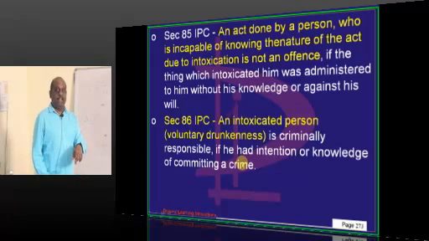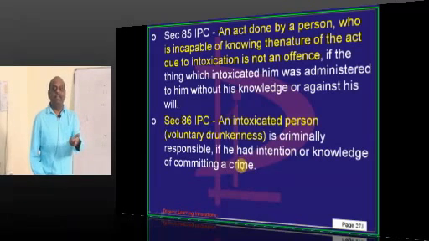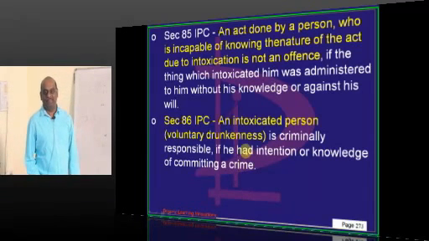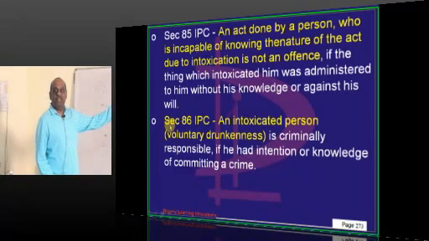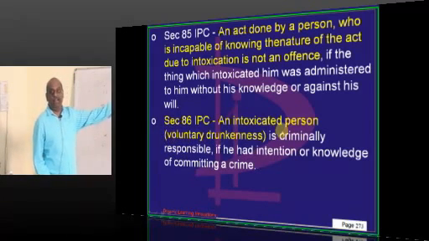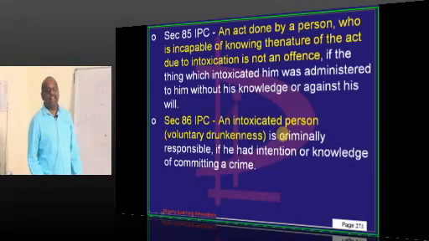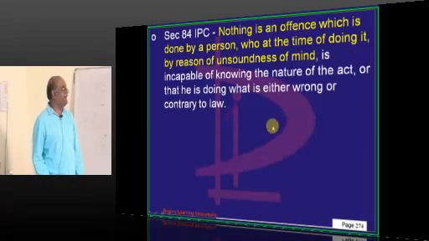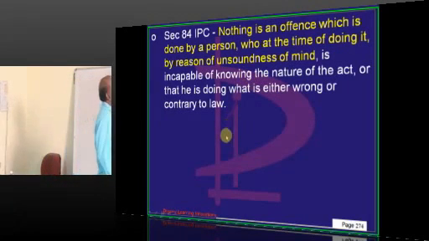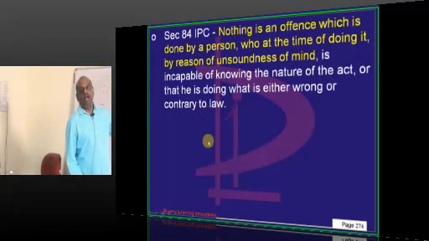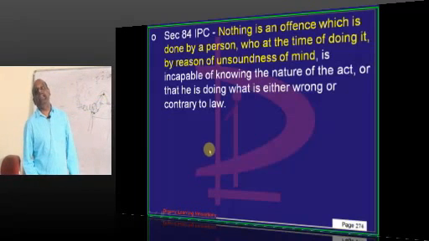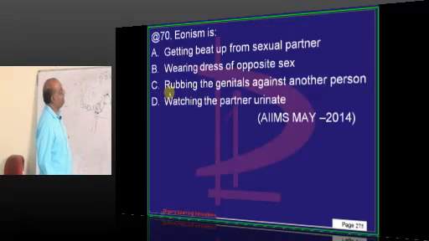Even if you are intoxicated, if it can be proven that you had an intention of doing that crime, then you are still punishable. That's called voluntary drunkenness, which is not an escape or immunity in the law. Then unsoundness of mind, section 84, as all of you know very well.